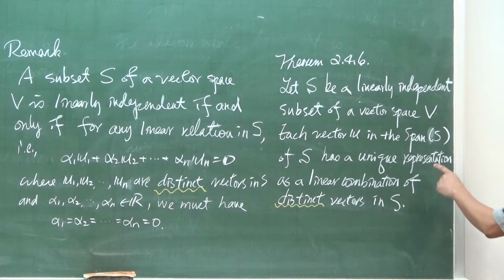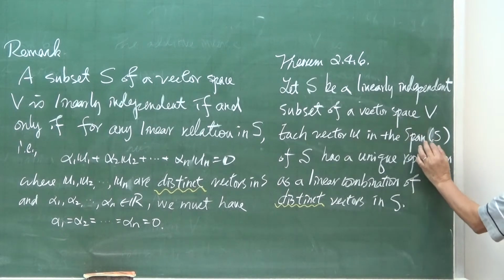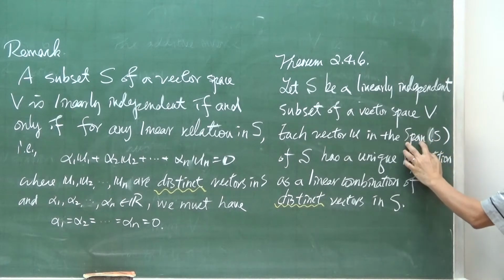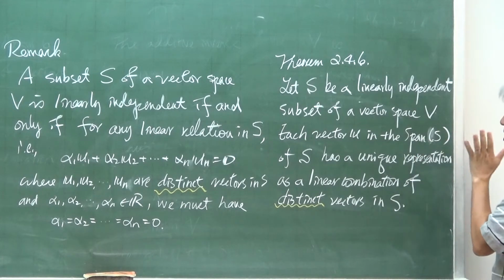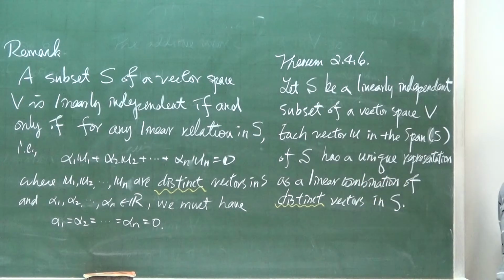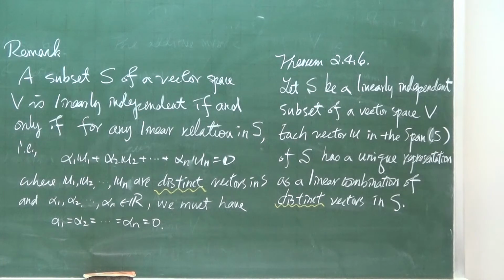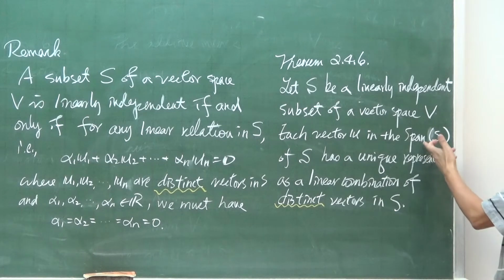Of course, by definition, every vector u in the span of X is a linear combination of distinct vectors, because this is the definition.